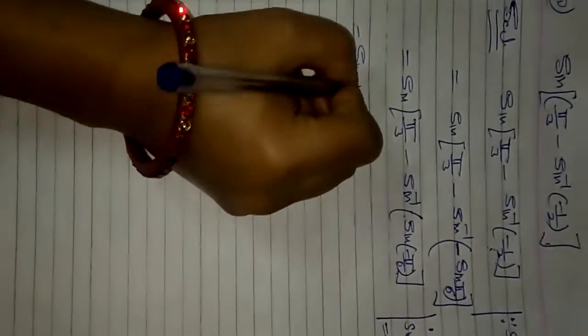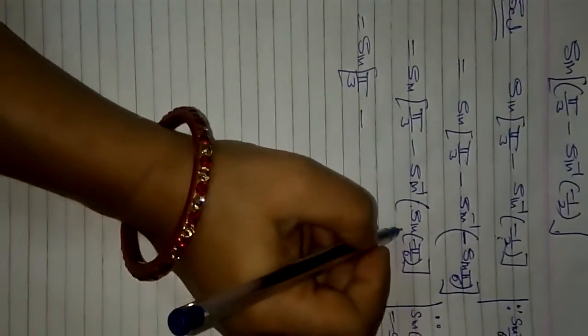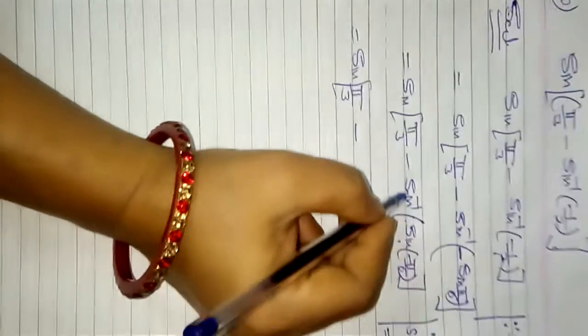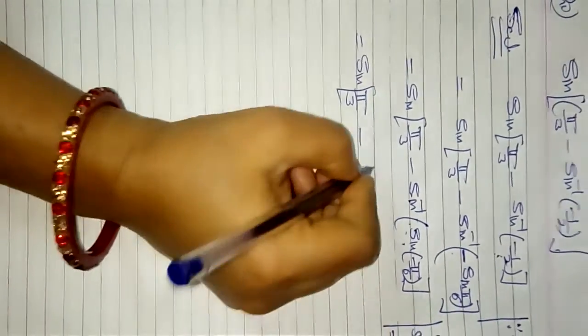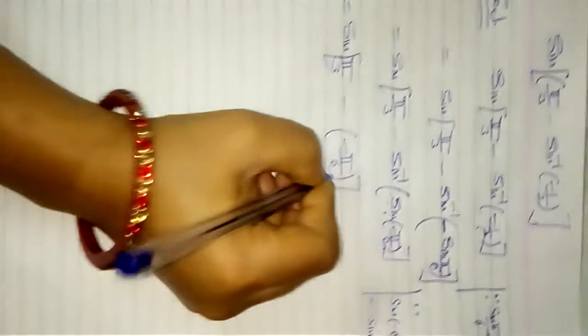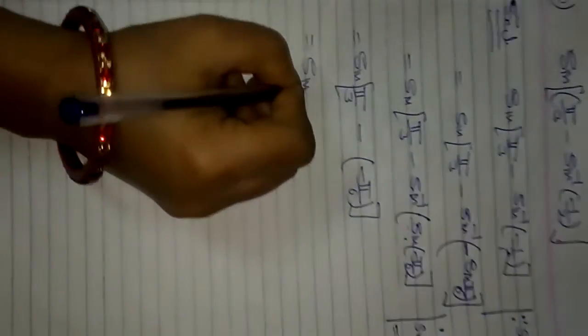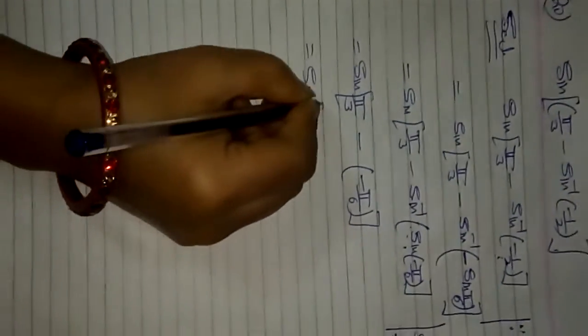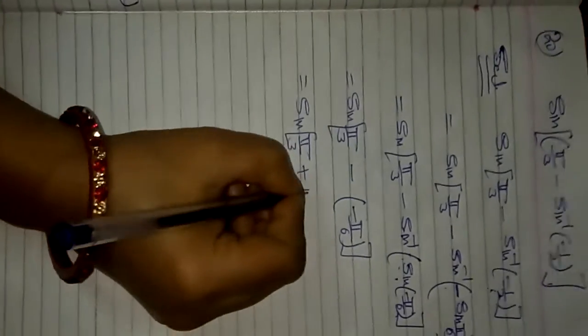So sine of pi/3 minus, sine of minus pi/6, sine inverse cancels with this sine. So here what is left? Minus pi/6. After that sine of pi/3 minus minus pi/6, that is plus pi/6.